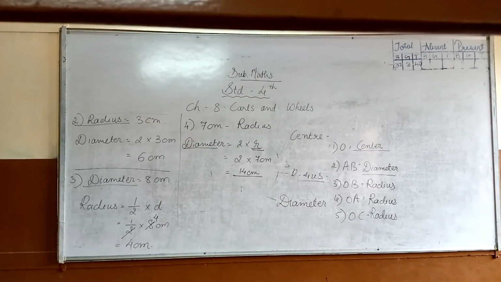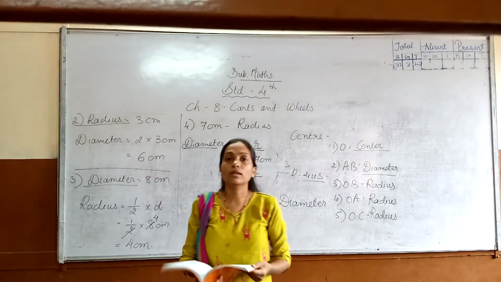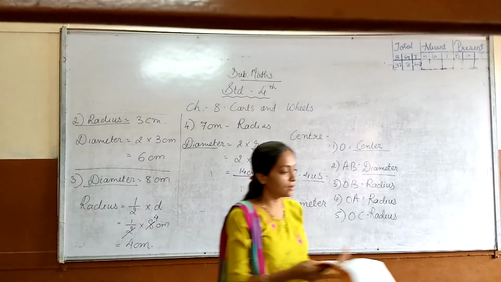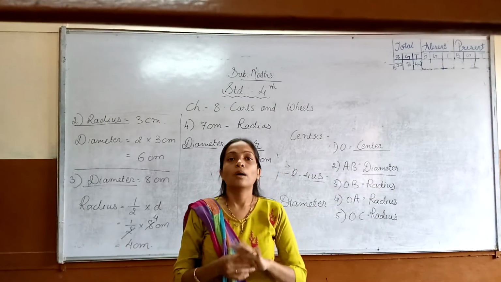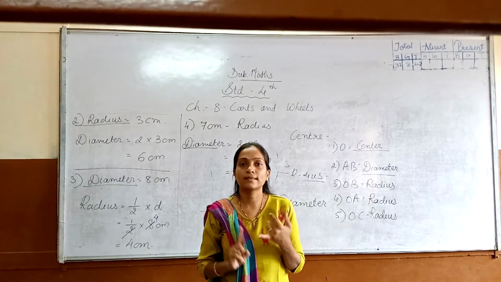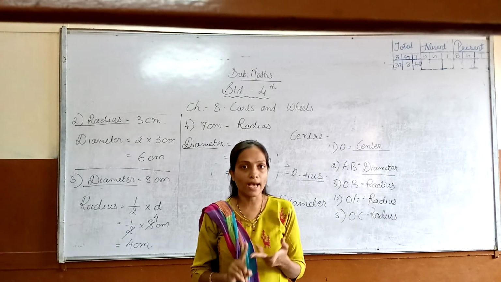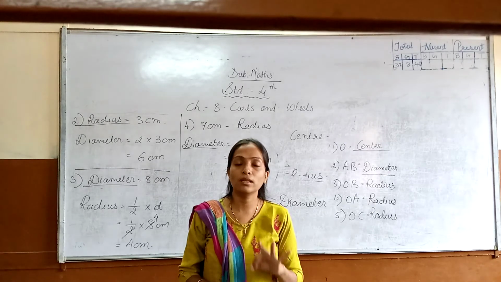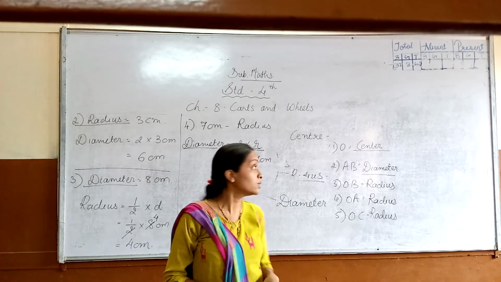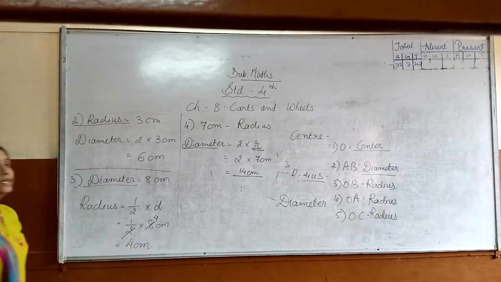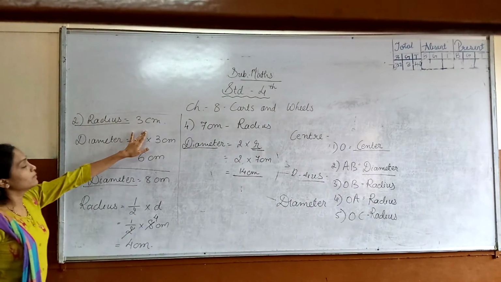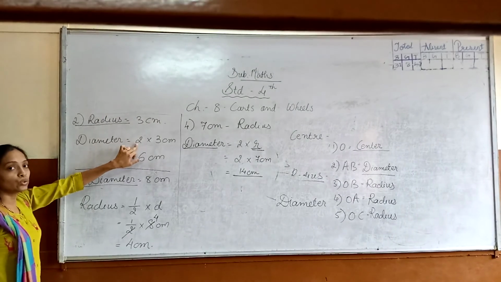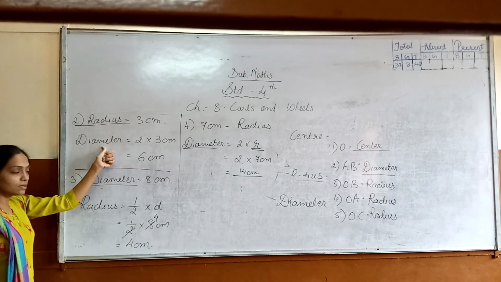Okay, so here all the questions are complete. I have explained all the questions from this chapter number 8. In this chapter we have seen about circle, parts of the circle, that is center, radius and the diameter. These 3 main basic parts we have seen in the circle, and how to find out the radius and the diameter. If radius is given, we will multiply with 2, so we'll get the diameter of the circle.